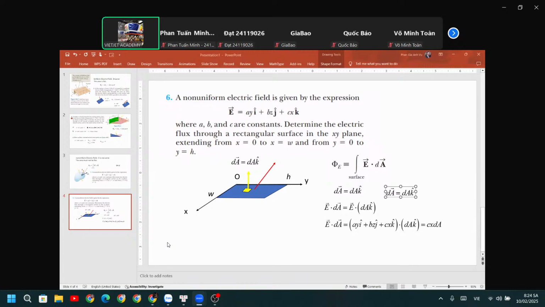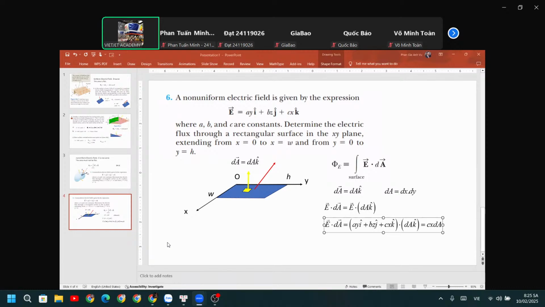This is the dA value, right? Because it is in the Cartesian coordinate system. Then you substitute that here. You have Cx dx dy.